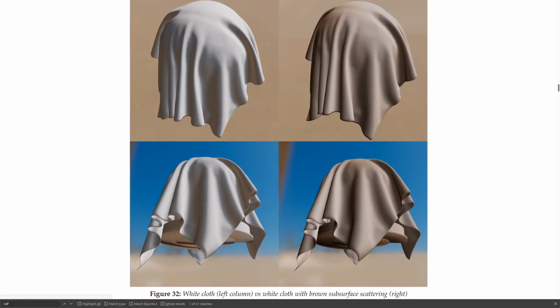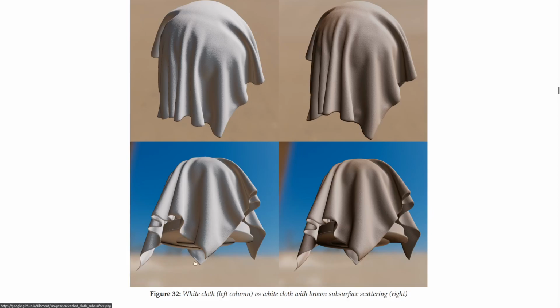So the left column versus the white column with brown subsurface. So you can kind of see what they're talking about. It looks different.